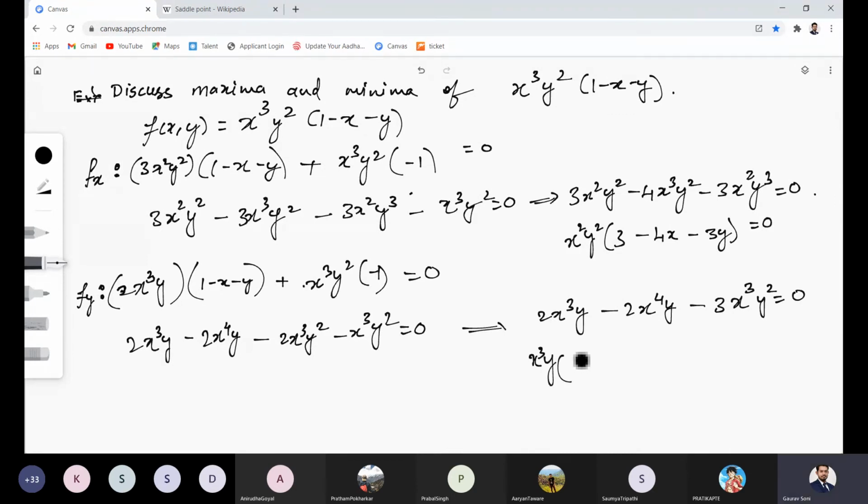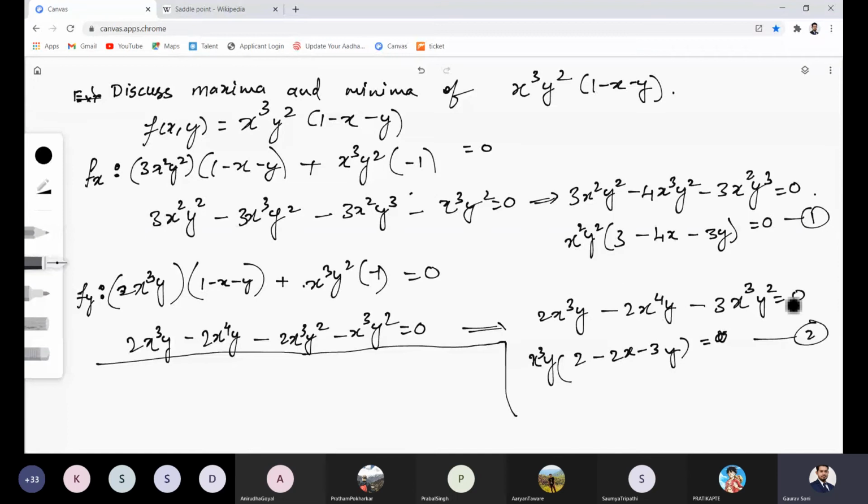So in bracket we have 2 minus 2x minus 3y equated to 0. This is a bit difficult here because you will get certain values from the first equation. I'll call this equation number 1 and this equation number 2.